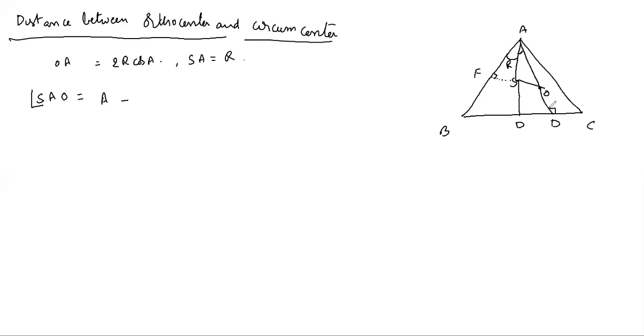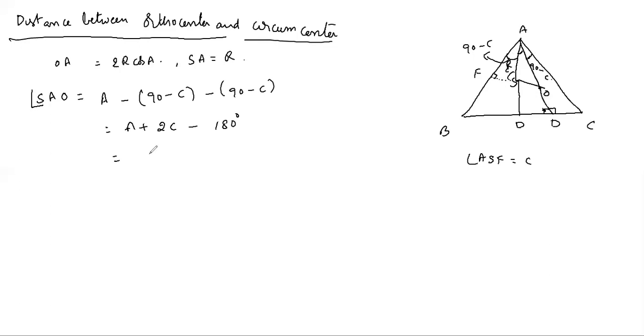This is 90, and this is 90 minus C. Angle ASF is the angle at the center, 2C, so half of it is C, and the remaining angle is 90 minus C. So this is 90 minus C, and this is also 90 minus C. So A minus (90 minus C) minus (90 minus C): A plus 2C minus 180, which is A plus 2C minus A minus B minus C. So this is C minus B. Our angle is C minus B.